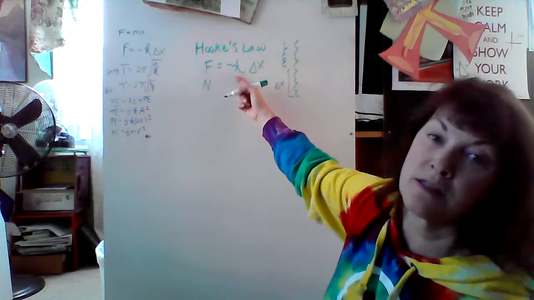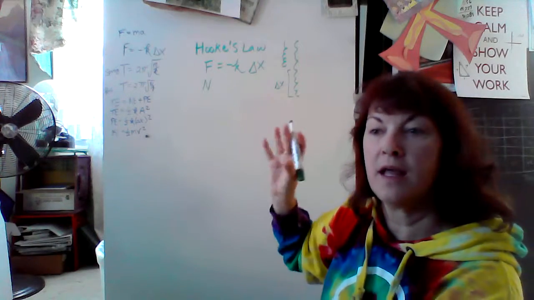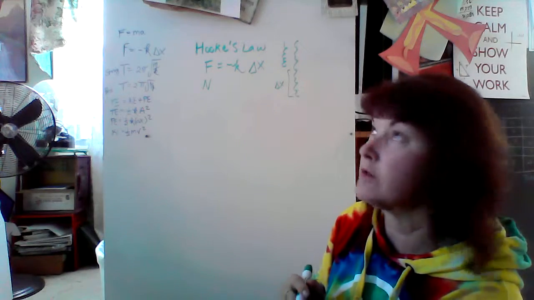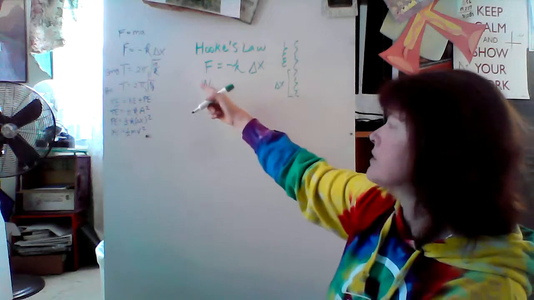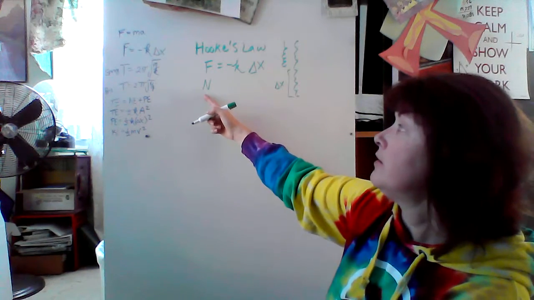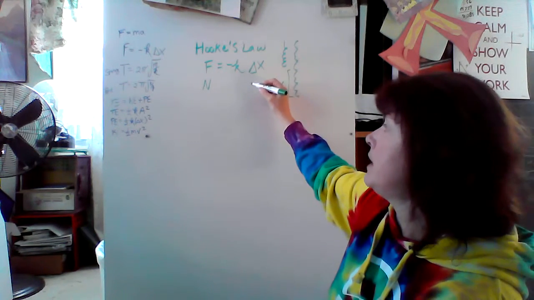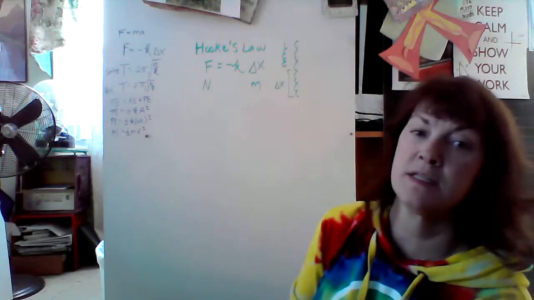The spring constant only has to do with the actual spring. Each spring has a different spring constant, or Hooke's constant. So we'll talk about the units again. Newtons are a unit of force, and meters are a unit of distance.